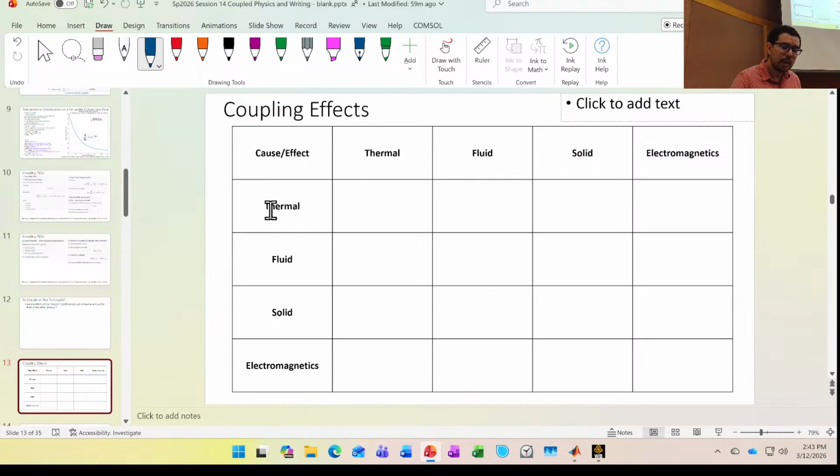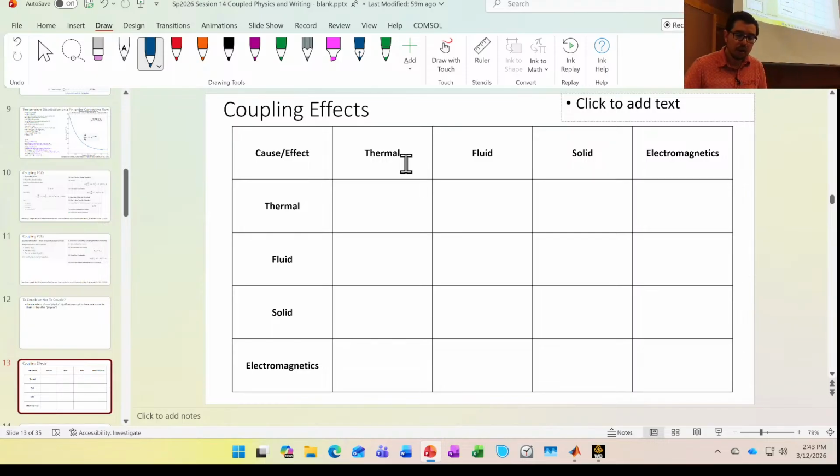We're going to ask how this item in the row affects or causes something on this item in the column. So row is beating up on the column.